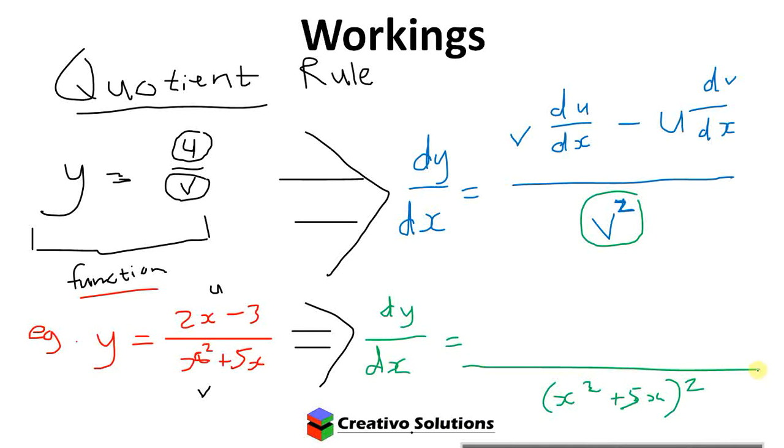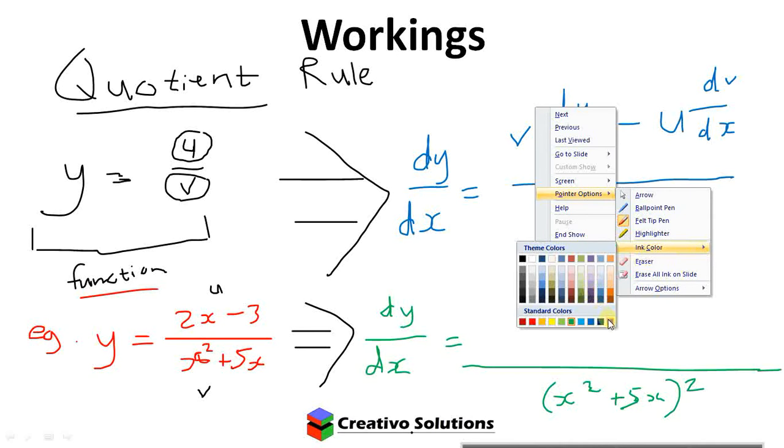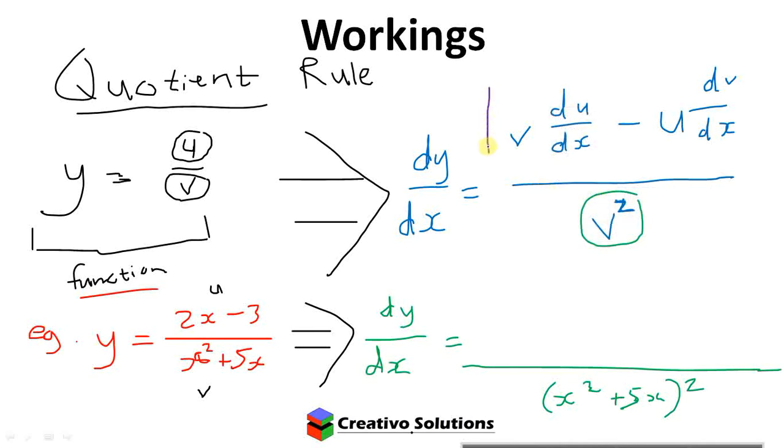What does the numerator say? For my first expression, let's use a different color. I need to take my v. What is my v? x squared plus 5x.